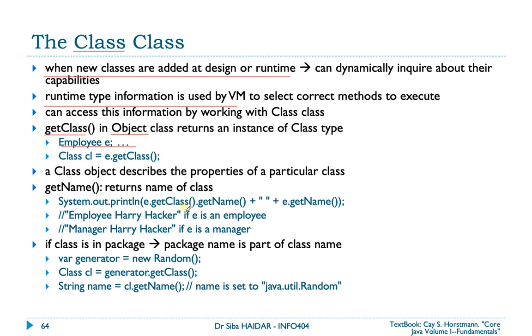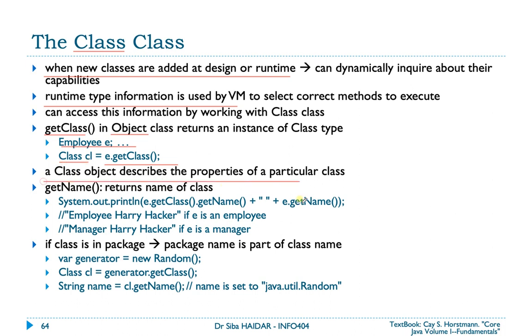Is it manager? Did I say later new manager or new employee or new secretary? So I want to know which class the object reference e refers to. I can invoke the getClass method. I can ask e.getClass and it will return me an instance of type Class.